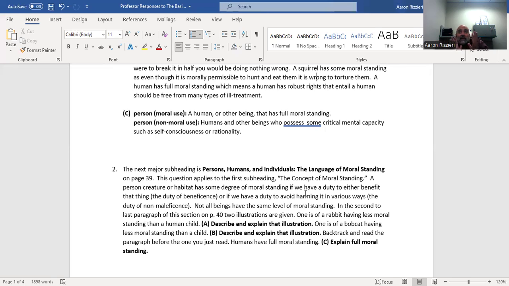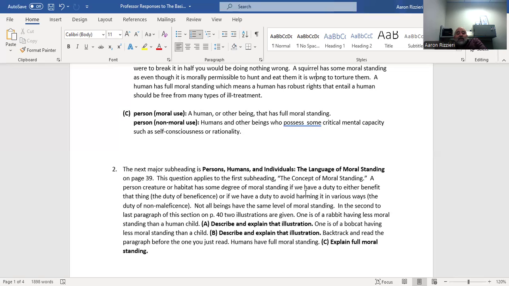So E.T. is a moral agent. So he's a person, even though he's not human, in the moral sense. The drama in the movie is the government wants to do tests on E.T., and that's clearly unethical because E.T. has moral standing.